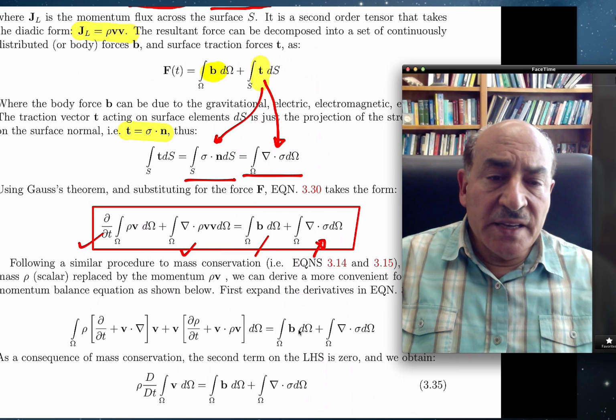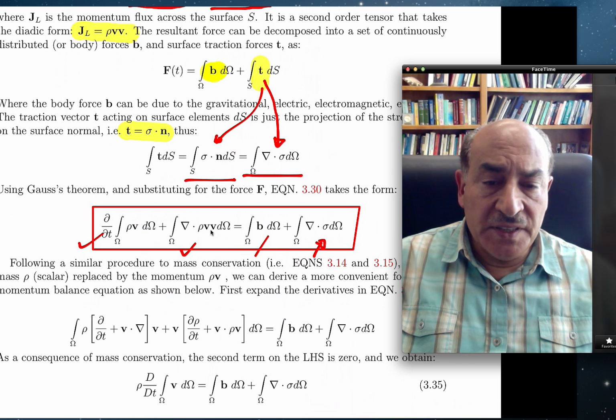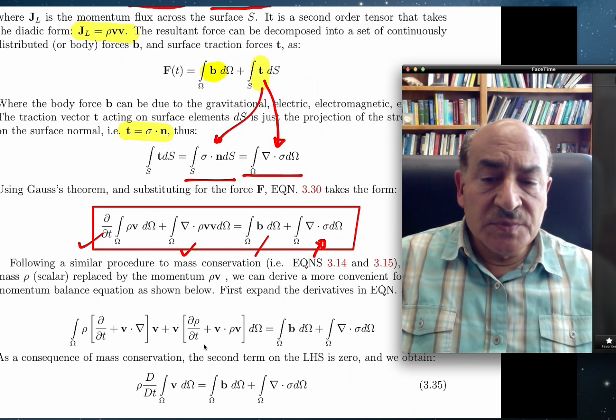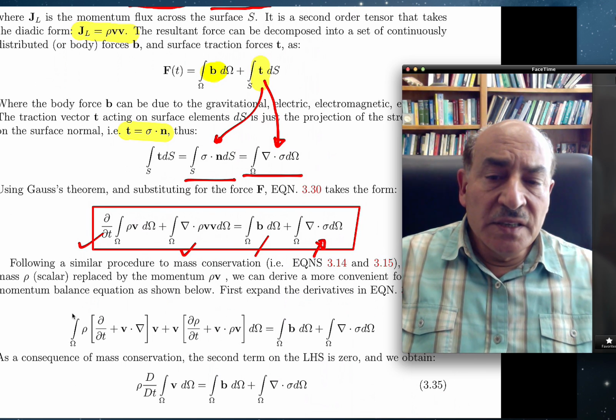On the right hand side, we haven't done anything yet. We only expanded, used the chain rule on rho vv to get this expression. Note that this term here is the material derivative, so it is rho capital D by dt of v.